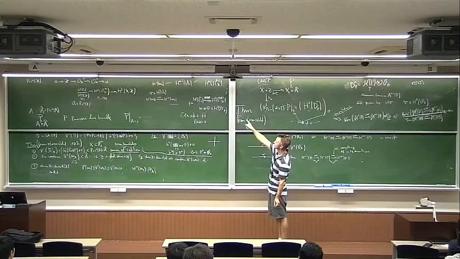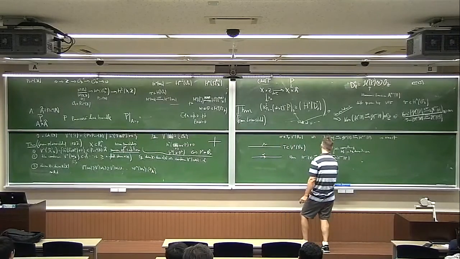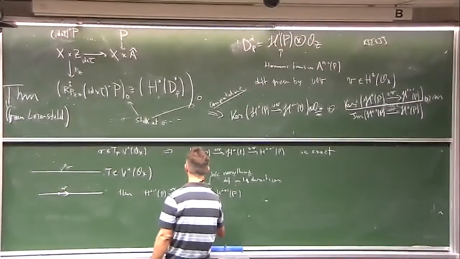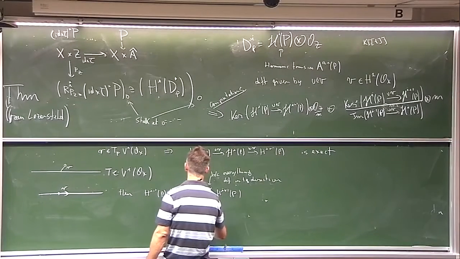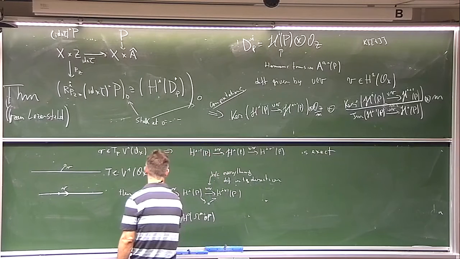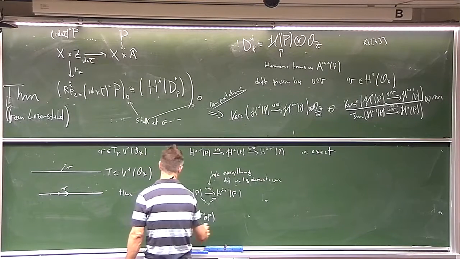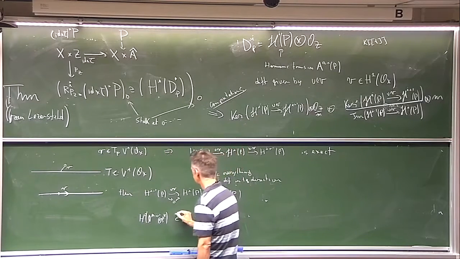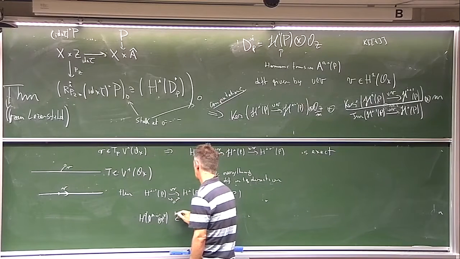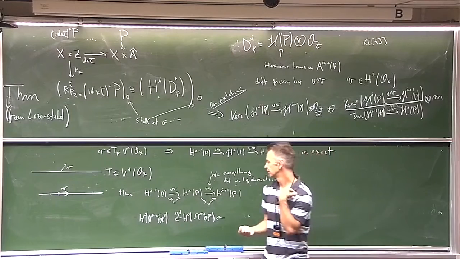You can do Serre duality and complex conjugation, and you get H^0 of Ω^{n-i} tensor P dual, H^0 of Ω^{n-i+1} tensor P dual. And similarly, this is wedging with the complex conjugate of V.